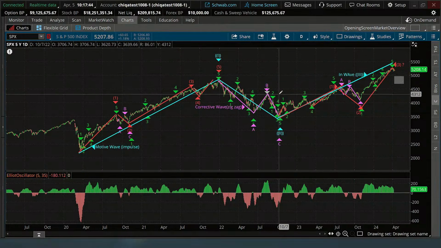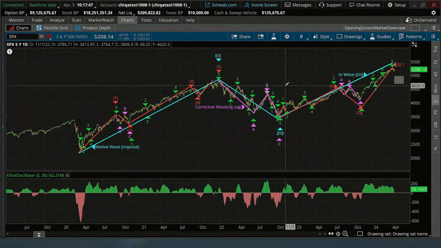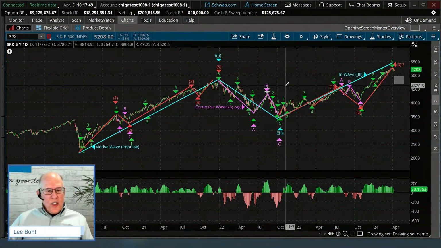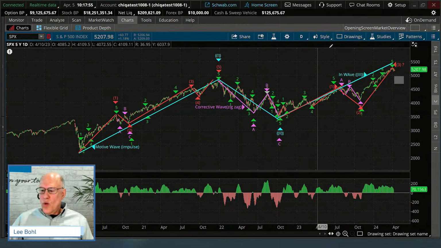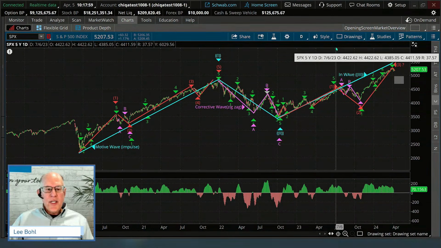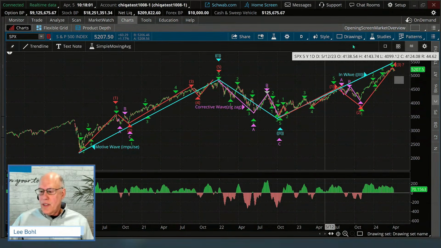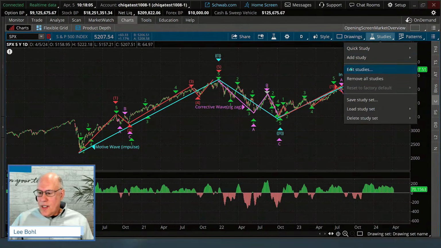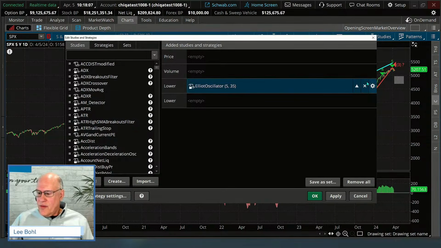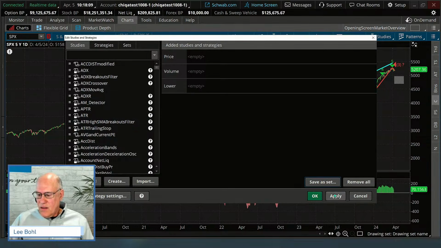All right. Now, there was a question, is there anything that can draw these waves for you? Not necessarily, but I'm going to take one indicator off this chart and put it back on. It is something that can help you a little bit. All right. So I'm going to go here and I'm going to edit my studies, and I'm going to take off this called the Elliott oscillator.